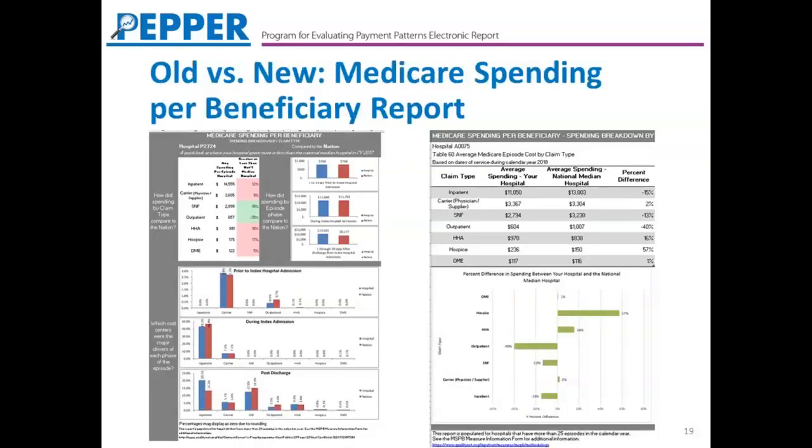And so now this report is focusing on how your spending per claim type compares to the median hospital in the nation. So you see the data in the table at the top of the report and then the graph in the bottom. And so the other couple of areas, the spending by episode phase and where those cost centers or major cost drivers were, those are no longer included in this report.